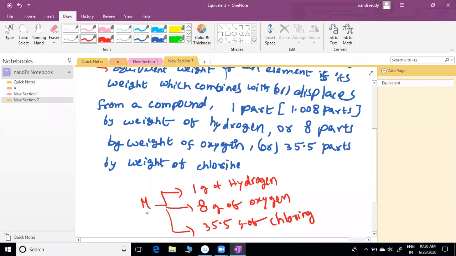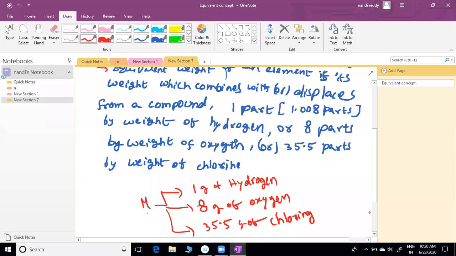The amount of substance which can combine with 1 gram of hydrogen or 8 grams of oxygen or 35.5 grams of chlorine, that much weight is called gram equivalent weight. This is already the definition I gave; this is the second time I am giving this definition.